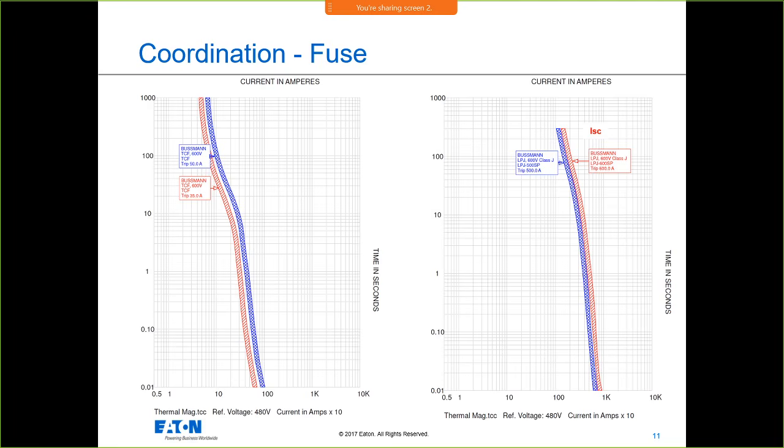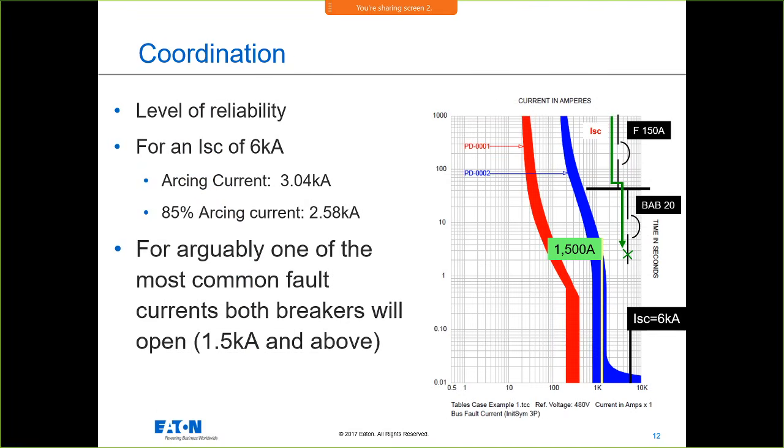So there wouldn't be a need to do that from a fuse perspective, because you just maintain the ratios. And remember, for example, that first example of the 1500 amps or the 2000 amps with the BAB downstream of an F-150, those would meet the 0.1 second rule.